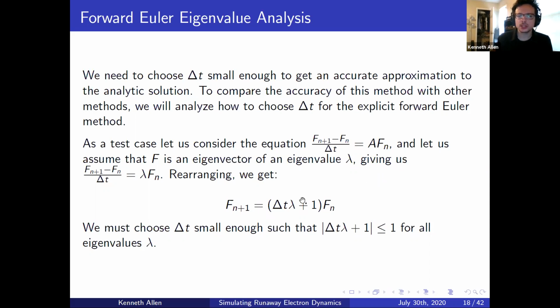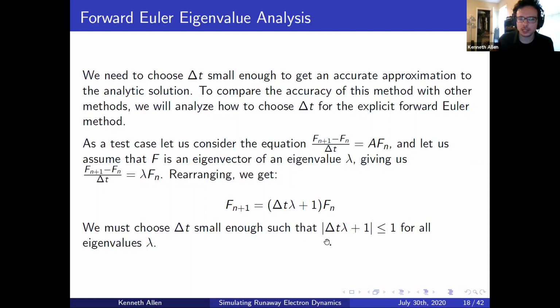Essentially, if we assume f is an eigenvector of A, we get this formula here where lambda is an eigenvalue of A. If we iterate this equation, we don't want delta t lambda plus 1 to blow up.